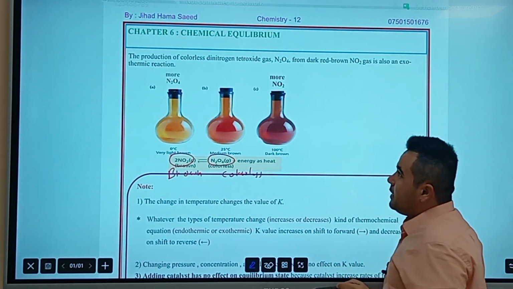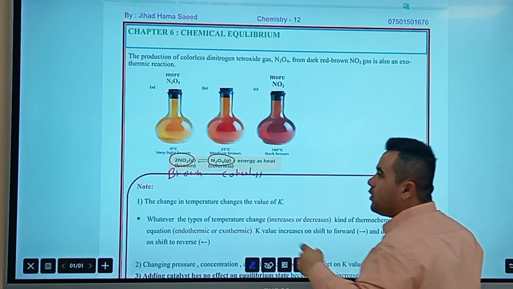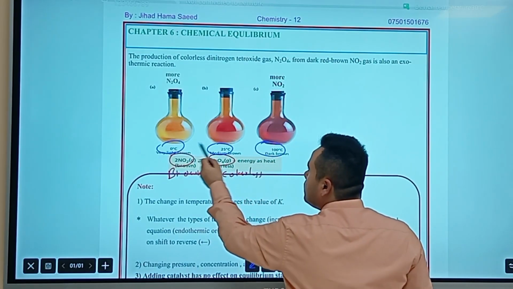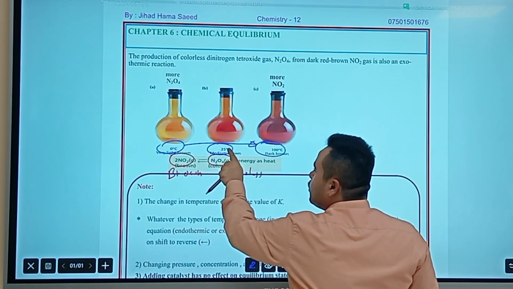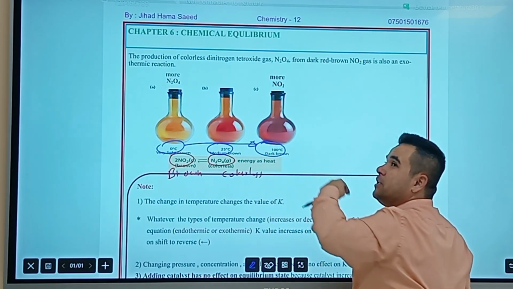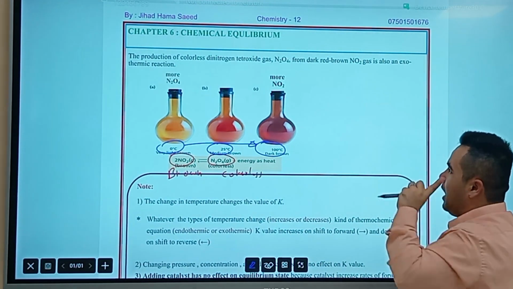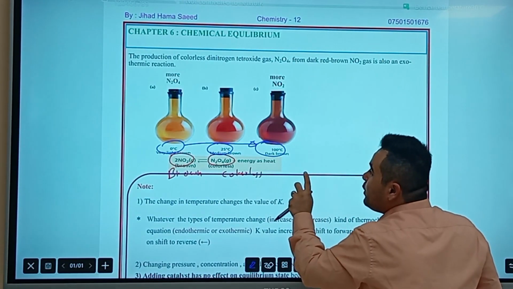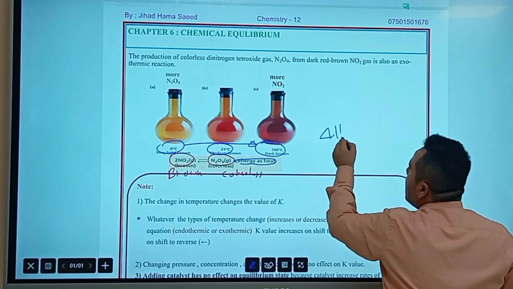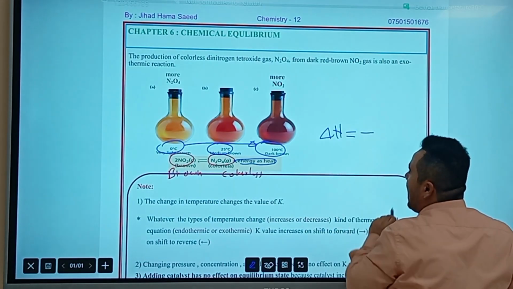Let us test how increasing temperature, from 0 to 100 degrees, lets the container become more brown. Guys, this reaction releases energy. It's exothermic, so the enthalpy of the reaction is negative.